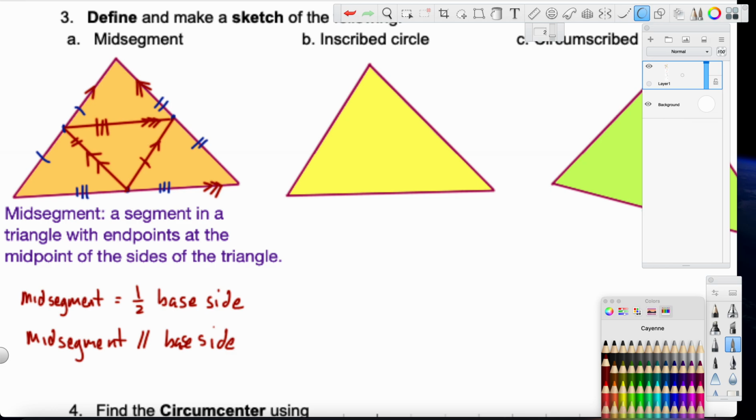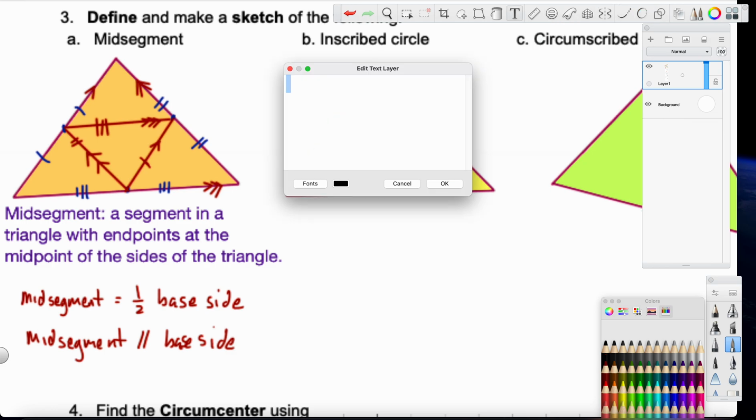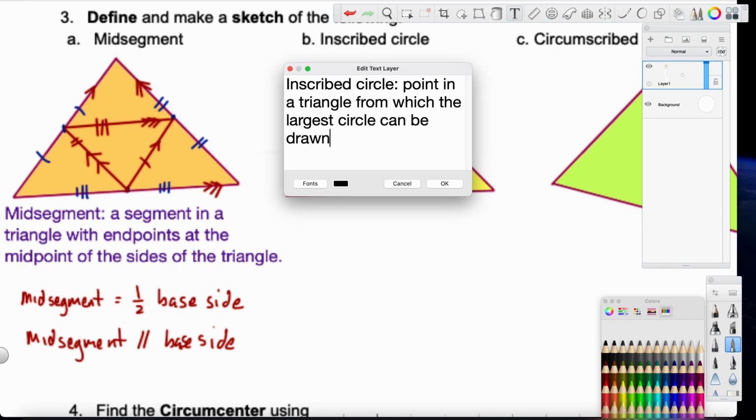Okay, inscribed circle. It's the point in a triangle from which the largest circle can be drawn.